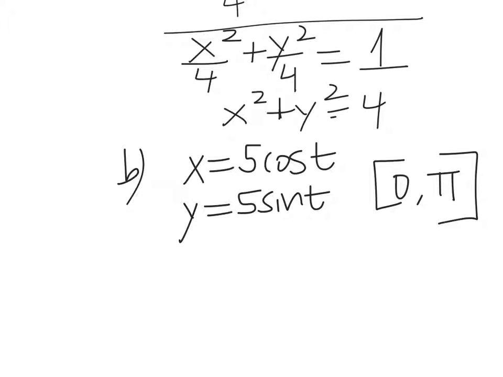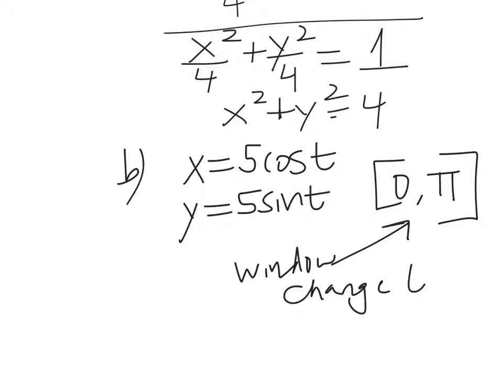All right, so go to your calculator. You didn't get a half circle because you didn't change the window. If you hit zoom 6, your t is going to normally graph 0 to 2 pi. So you have to go into the window and change t. Okay, change t.